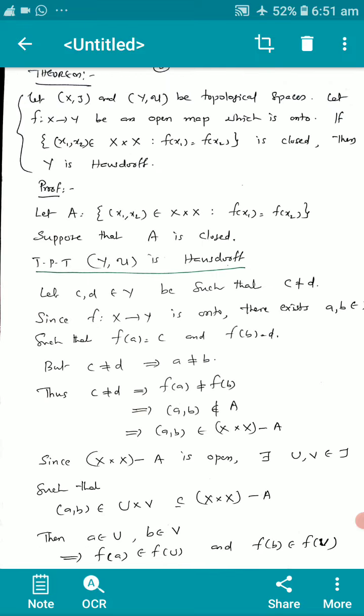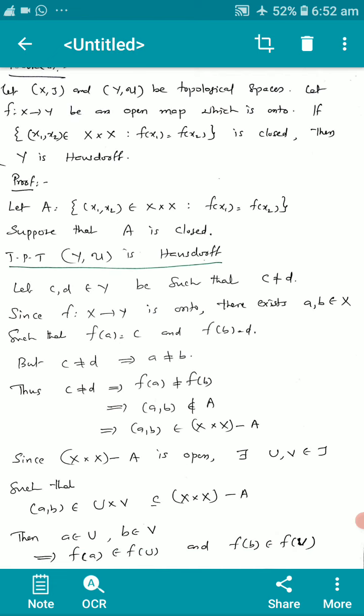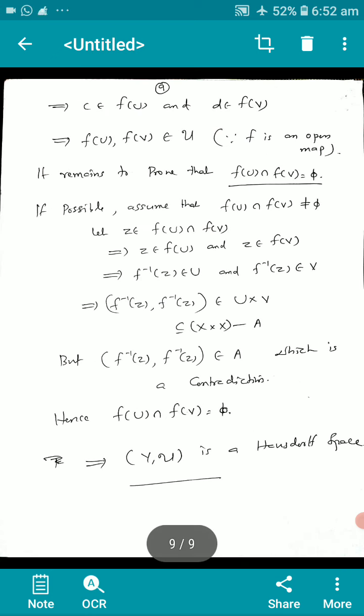This implies (a, b) is an element of X cross X minus capital A. Since X cross X minus capital A is open, there exist open sets U, V in X such that (a, b) is an element of U cross V, which is a subset of X cross X minus capital A. Thus, a is in U, b is in V, f of a is in f of U, and f of b is in f of V. This implies c is an element of f of U and d is an element of f of V. Both f of U and f of V are open sets in Y, because f is an open map.